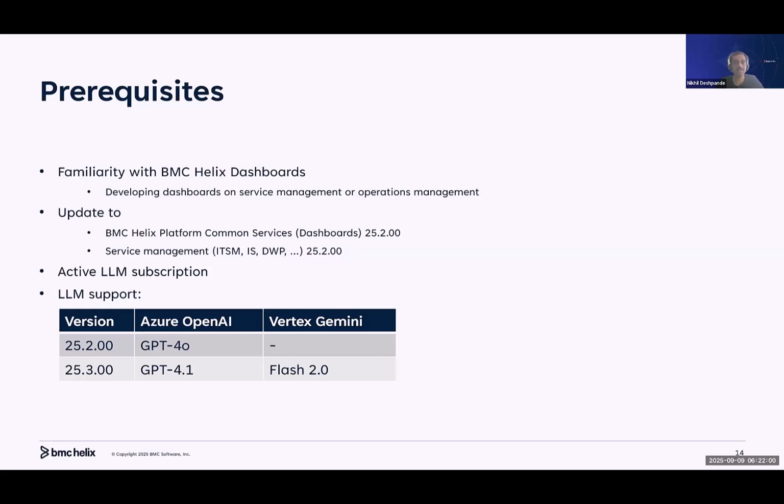You need to bring your own API keys from your company's LLM subscription. Only then will you be able to take advantage of Insight Finder. So just keep that in mind that we have done all we can to make this accessible to all customers. No additional licensing required to use Insight Finder, but you need to get your own LLM licenses.